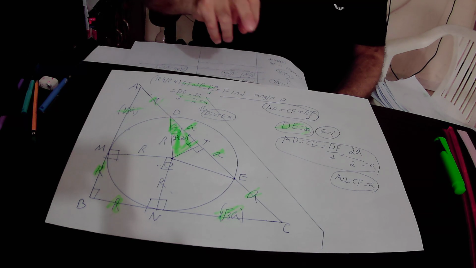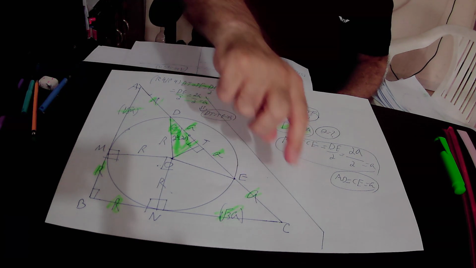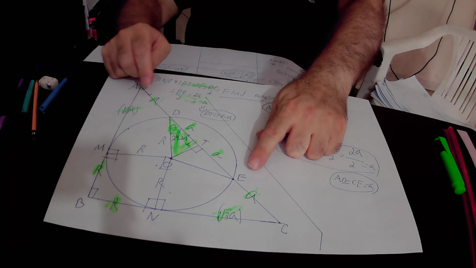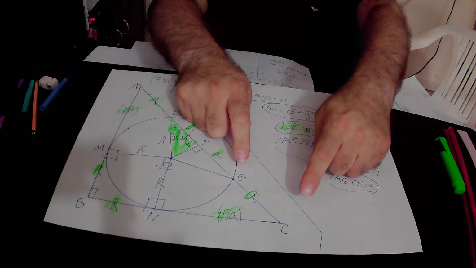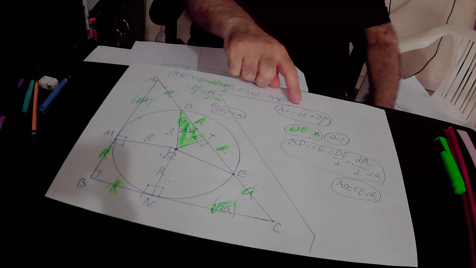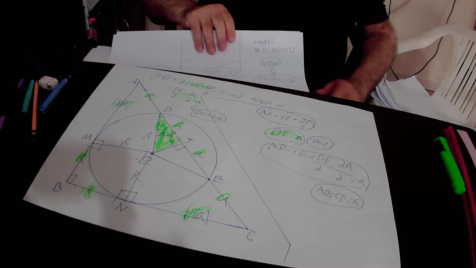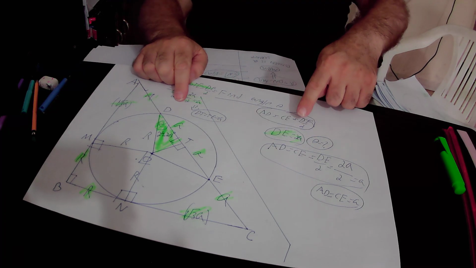The question gives us that line segment AD equals line segment EC, and line segment DE is twice as long as AD and also twice as long as EC. That is to say, AD equals CE equals DE over 2. First of all, we define the length of line segment DE as 2A.